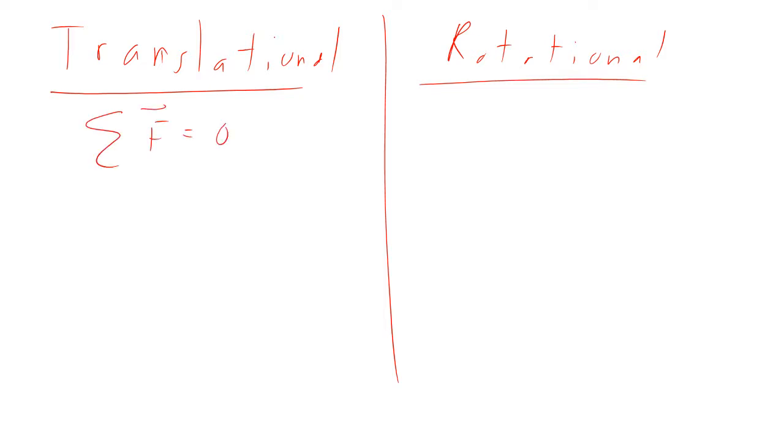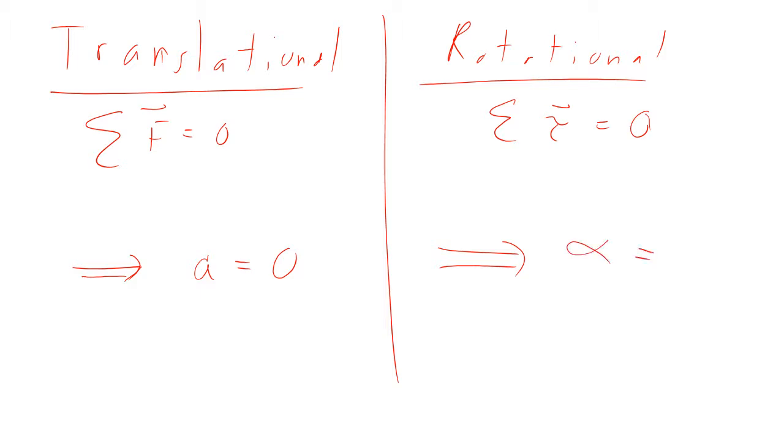And this would be all the forces, x, y, and z. For rotational, the sum of the torques equals 0. And so for translational equilibrium, this means that the acceleration is 0. For rotational equilibrium, it means the angular acceleration is 0.